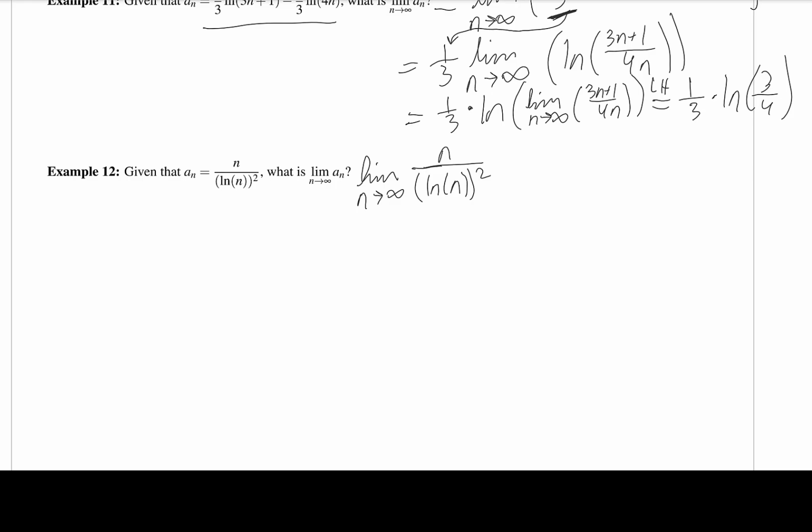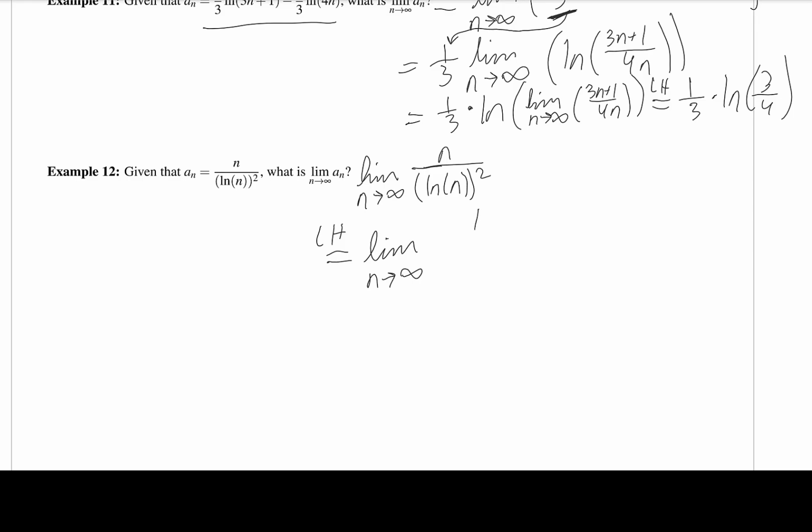Okay, so my first step here: I can't move the limit just straight inside the ln because we're going to get an infinity, and we'll take natural log of infinity. So it looks like we're going to get infinity over infinity squared. So it doesn't really tell us much because we don't know much about different sizes of infinity right now. However, what I can do is just straight off the bat do L'Hopital's rule.